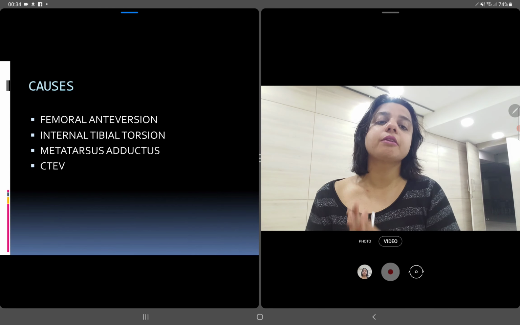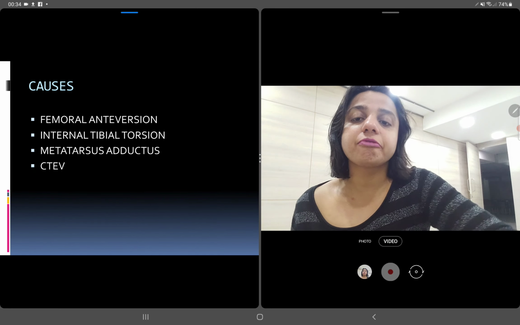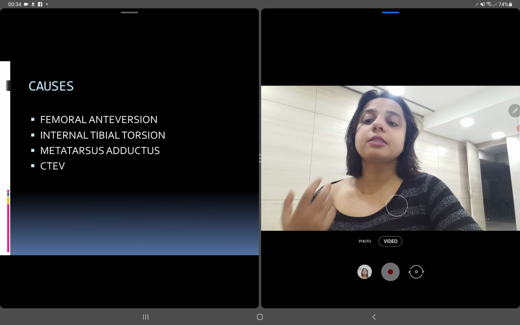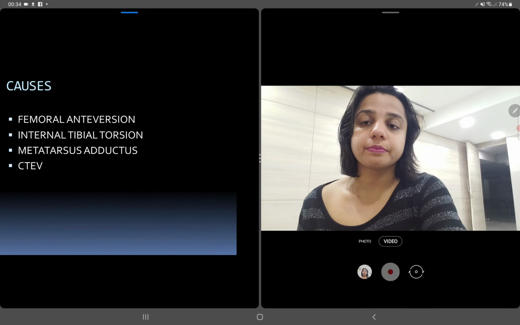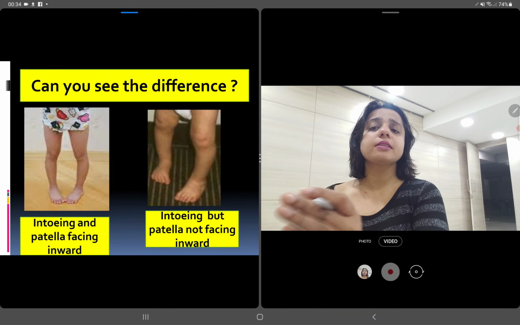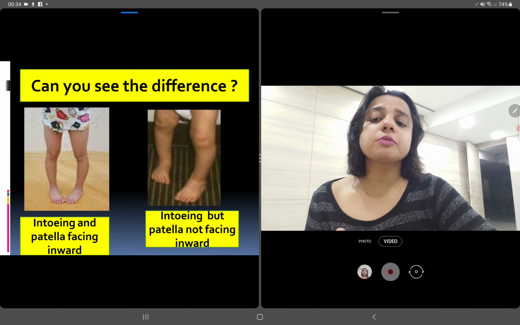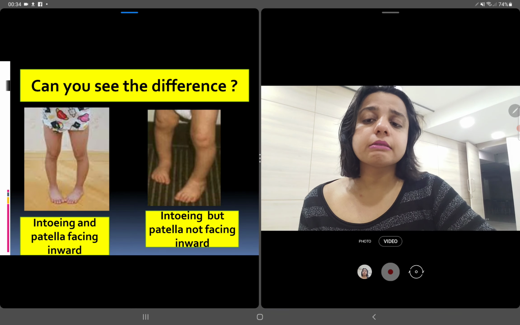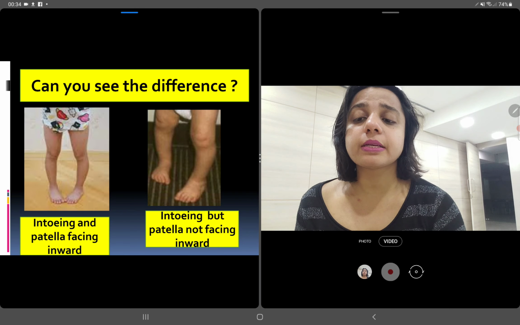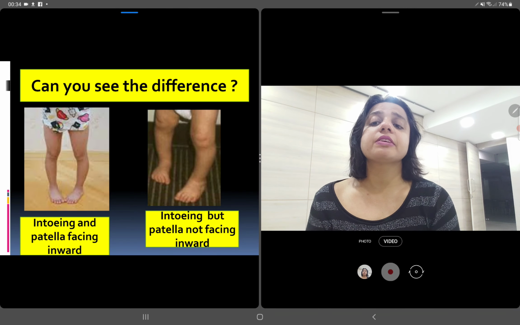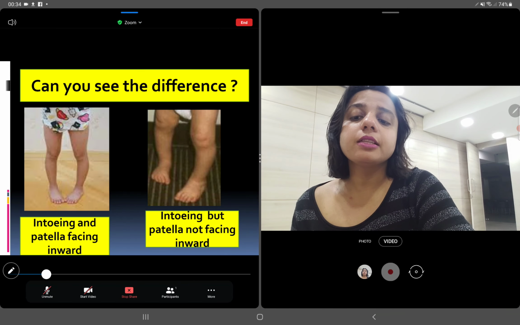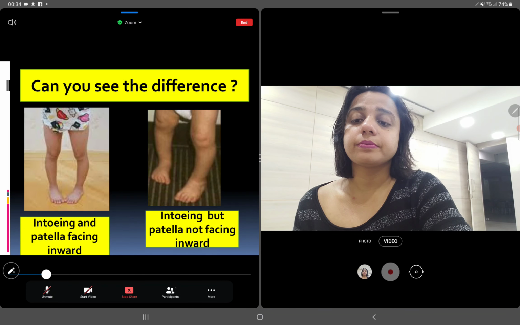Now, how will you differentiate whether the problem is in the femur, the tibia, or the foot? Now you can see this picture here. In the first picture, you can see intoing and the patella is facing inward.